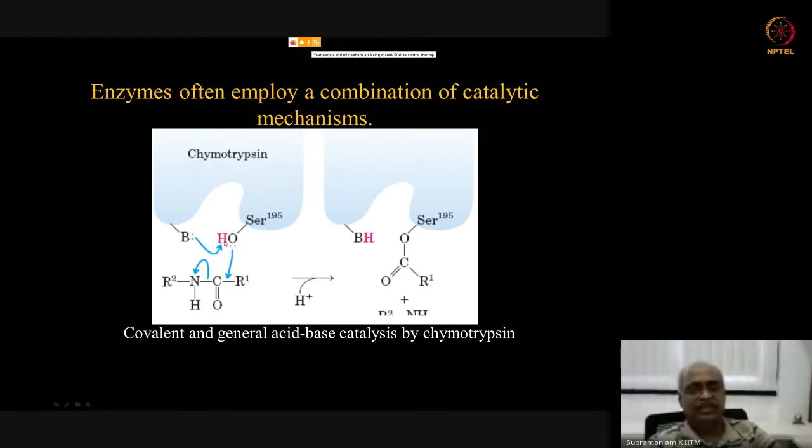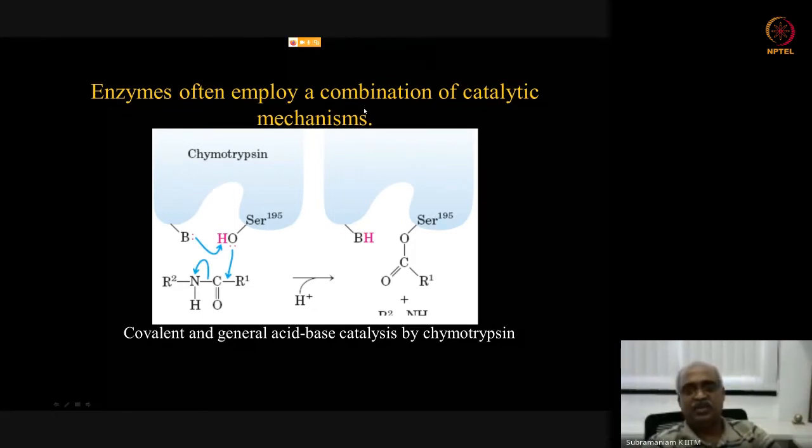For example, the proton leaving from this is stabilized by this, and due to that, this becomes a reactive oxygen that more readily reacts with this carbon. This carbonyl carbon is going to have a charge imbalance here, because this is strongly electronegative and this is going to have a partial charge. And due to that, this very readily reacts with this, and an intermediate covalent structure forms. So initially, base catalysis followed by covalent bond formation. So this is an example from chymotrypsin.